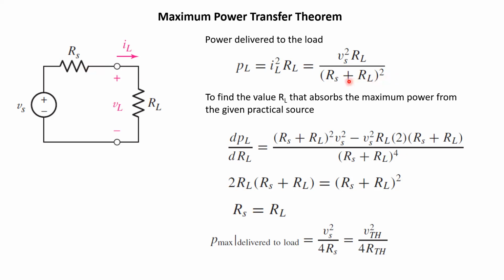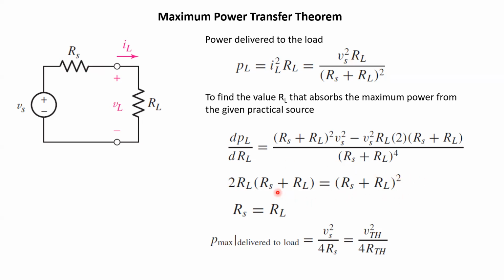To get the value of RL that should be chosen so that we can transfer the maximum power to this load, we normally have to differentiate this expression with respect to RL, and then equate this differentiation to 0. Then we simplify this expression.